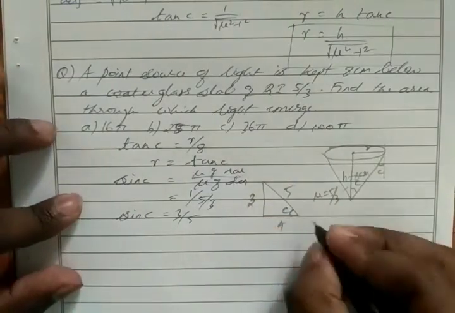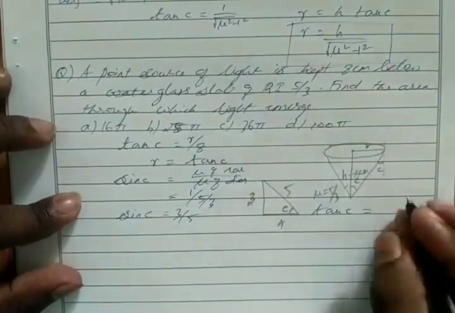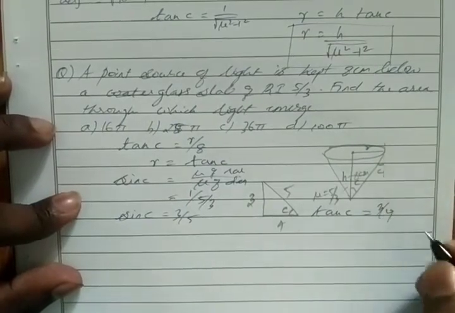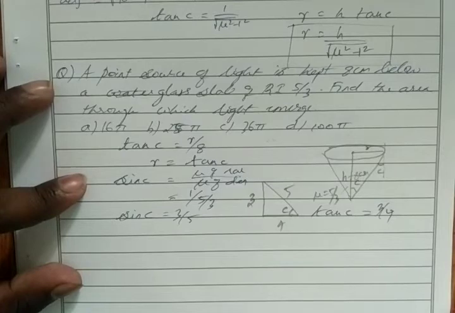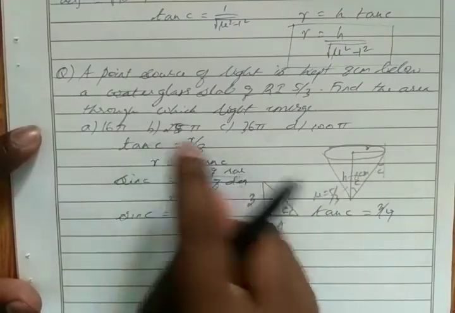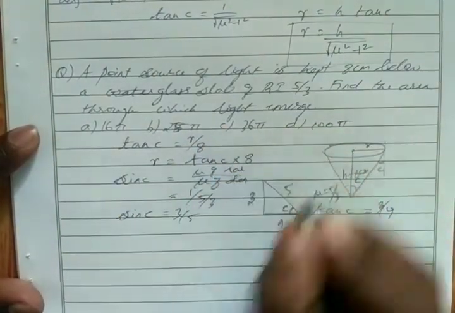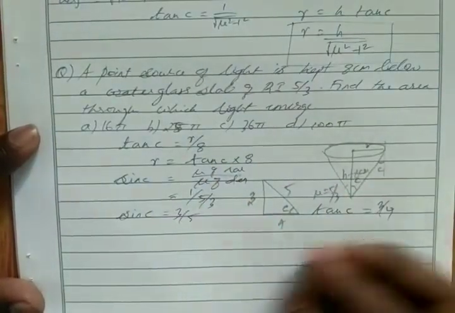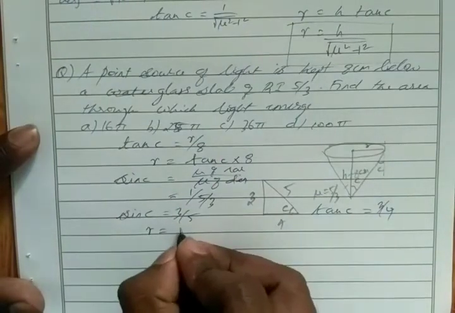So find tan C here. For this triangle, tan C is opposite by adjacent, 3 by 4. Substitute that tan C value in this equation: r equals tan C into 8, where tan C is 3 by 4.